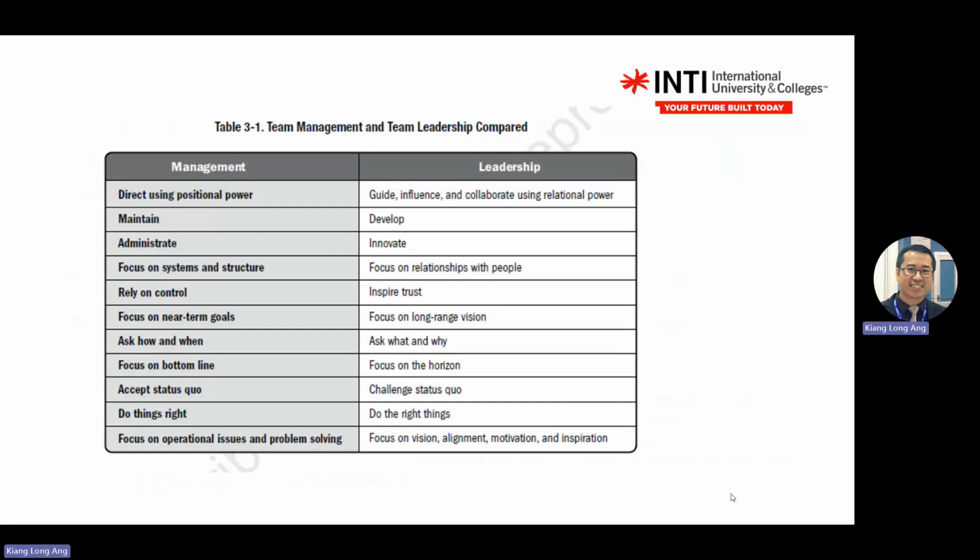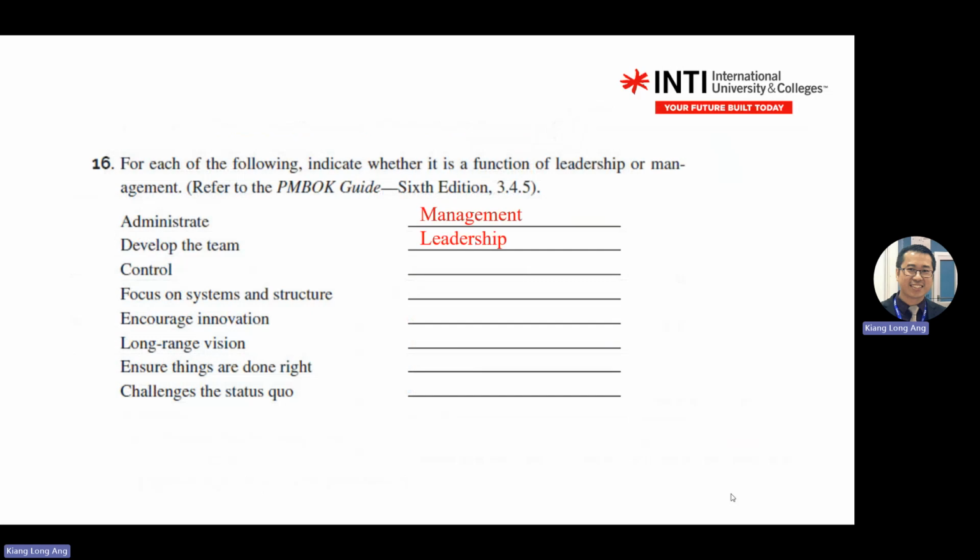In leadership, you give vision, motivation, inspiration. Based on the slides, control means manage, right? Do the right thing. Okay, do the right thing means control.